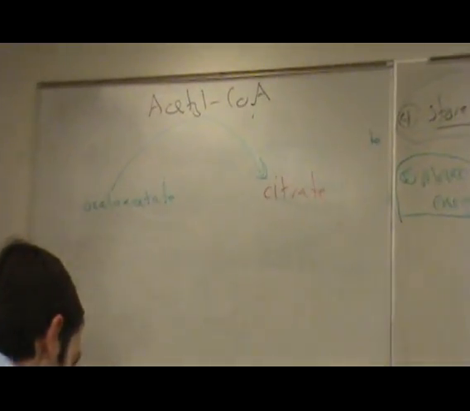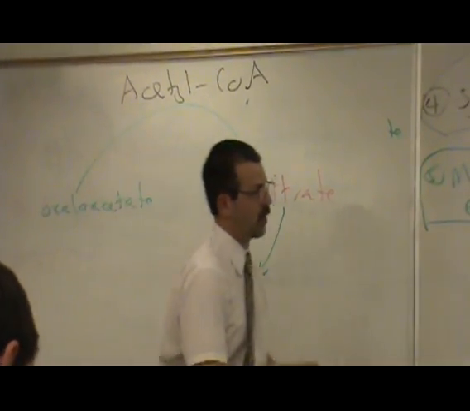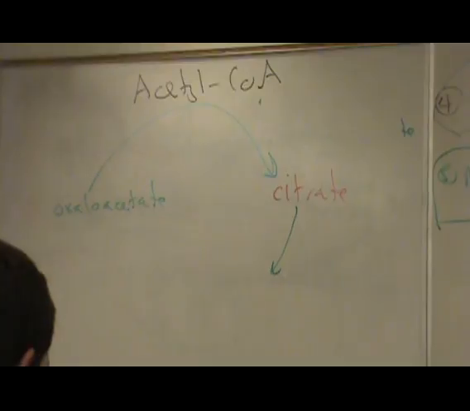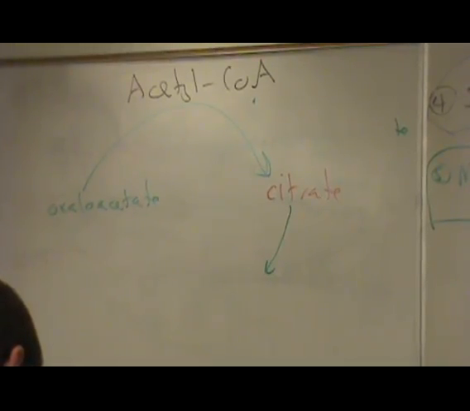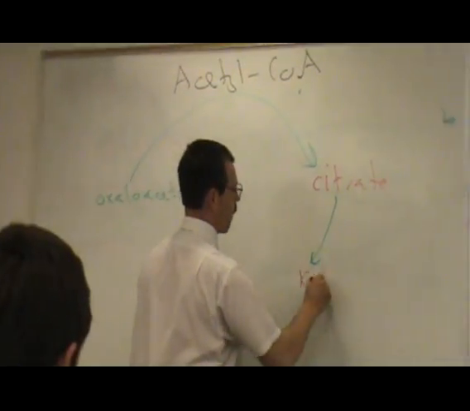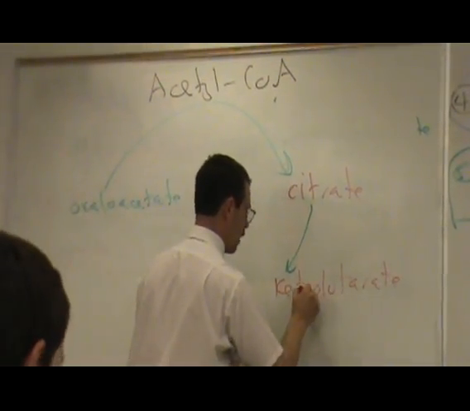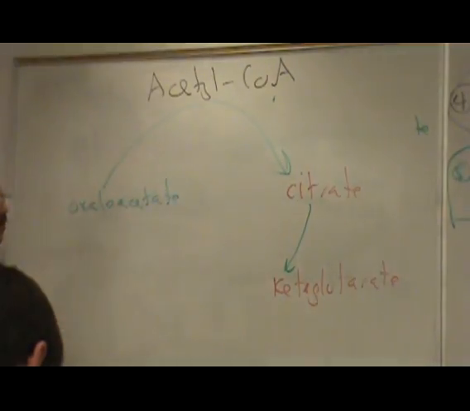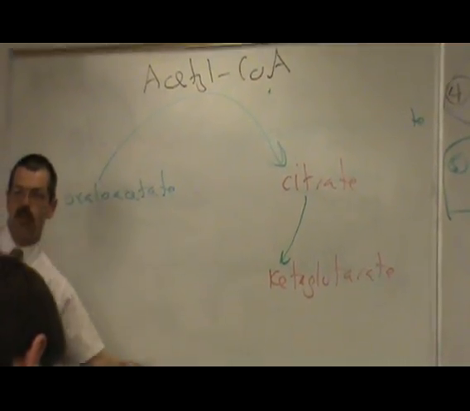Great. What does citrate become? Let's find out. Citrate becomes this guy. We're just going to call him ketoglutarate for now. So how do I go from citrate to ketoglutarate? What am I going to make when I do that?